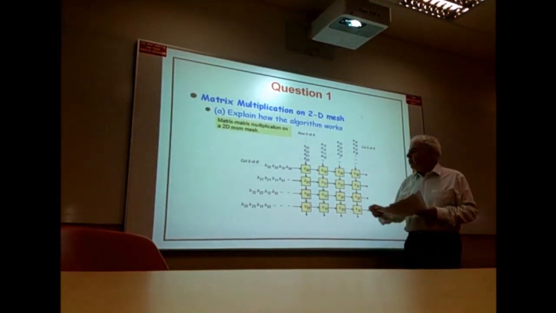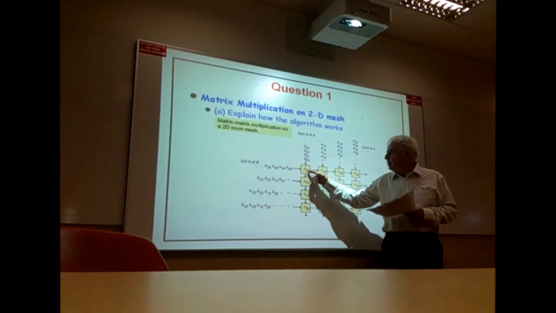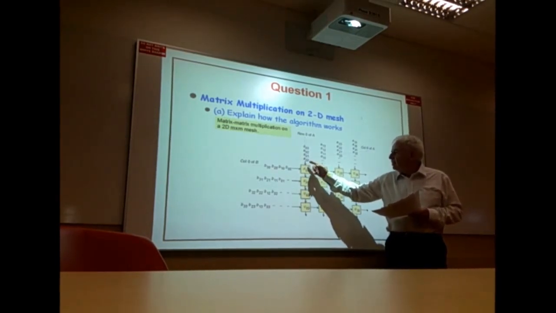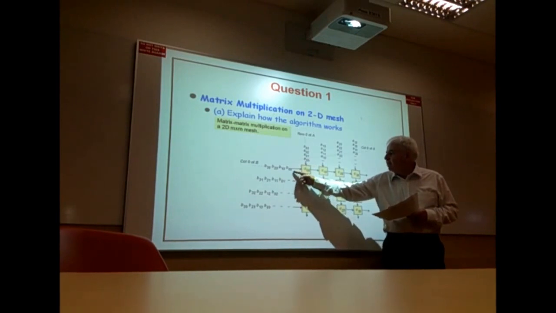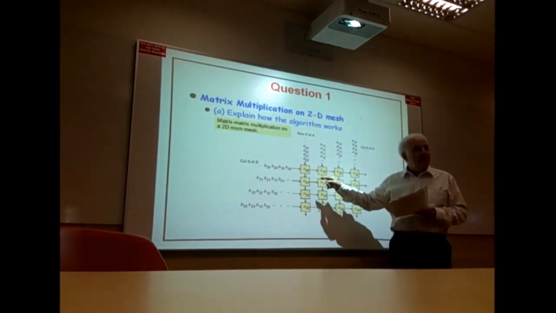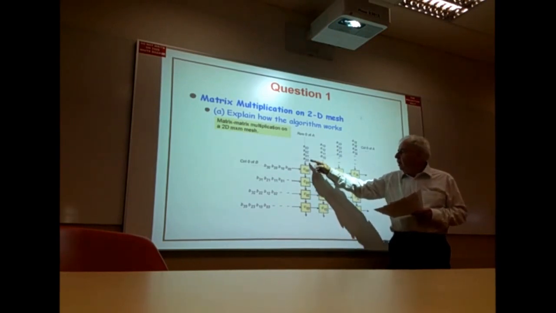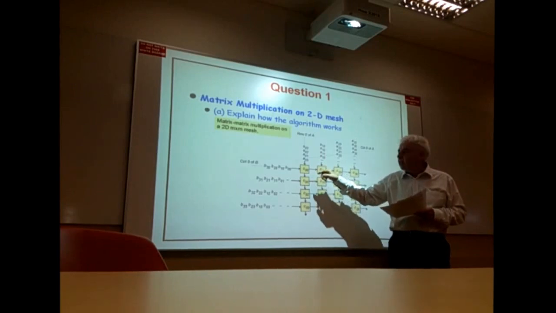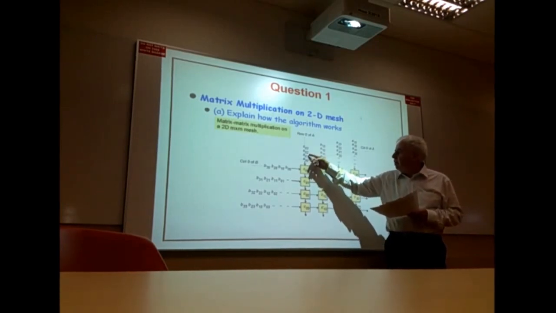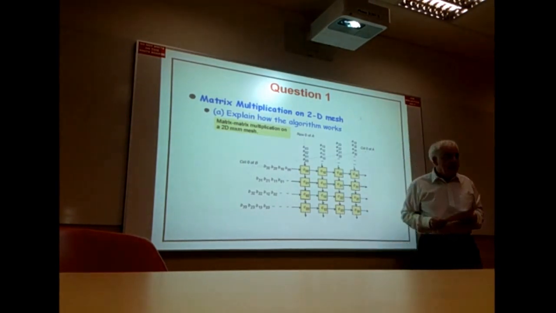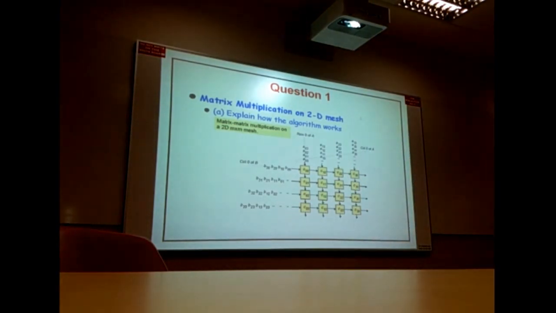And what happens is that in this first element, C00, it starts off by multiplying A00 and B00 and keeps the product. And then in the next step, or the next cycle, it will multiply A01 by B10 and add that to the result. The next step, multiply A02 by B20 and add it into the result, and so on.